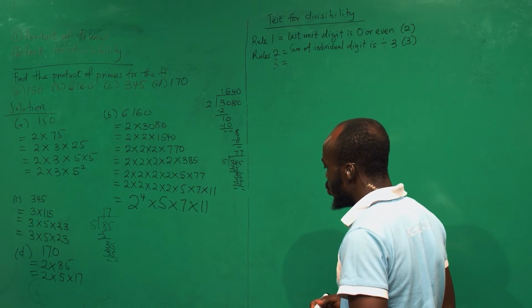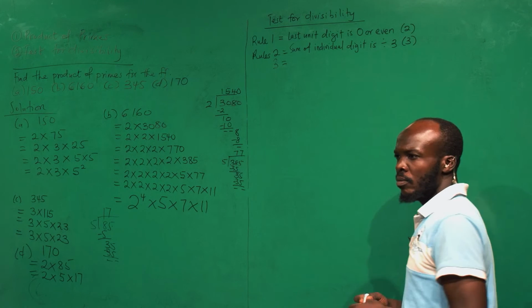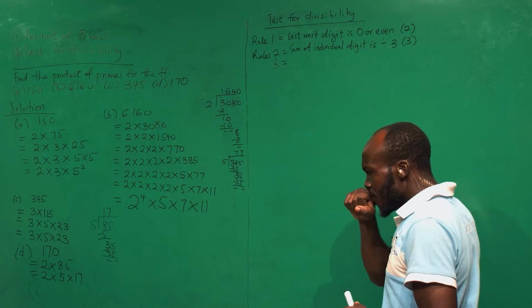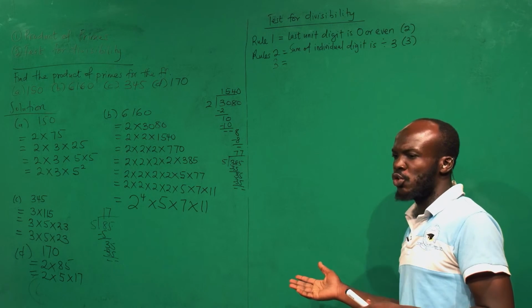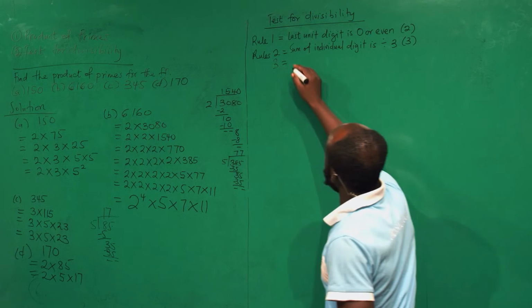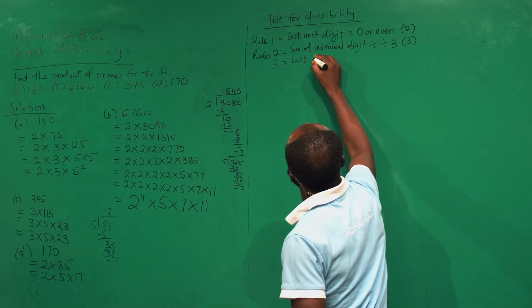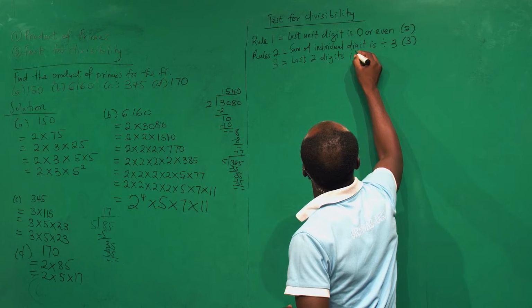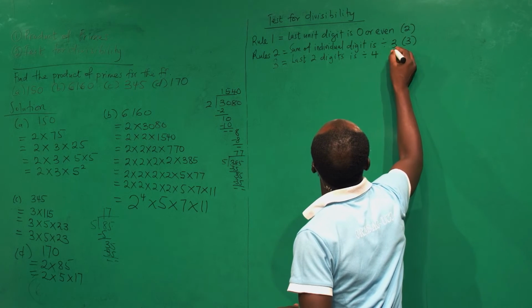Now we are moving on to 4. For 4, they said the last 2 digits should be divisible by 4.